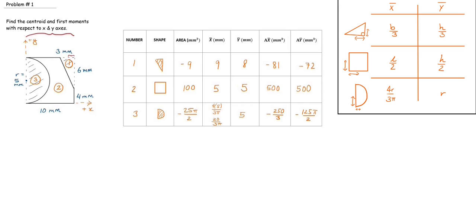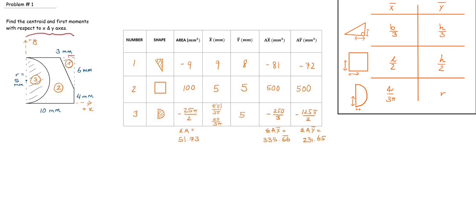So summing up these three columns, we get the area is equal to 51.73.